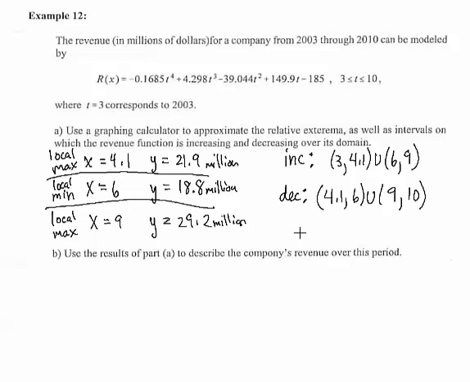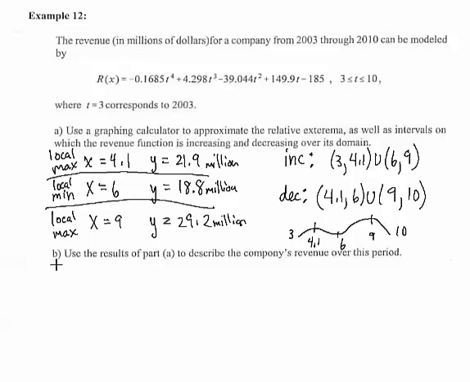So our revenue function looks somewhat like an upside down W, with these local extrema being 4.1, 6, and 9, and the far left and right respectively are 3 and 10.